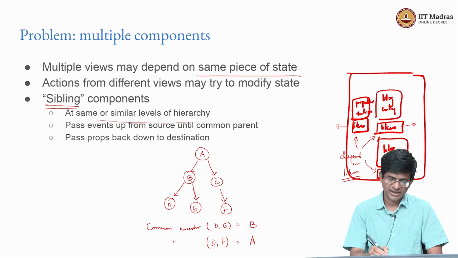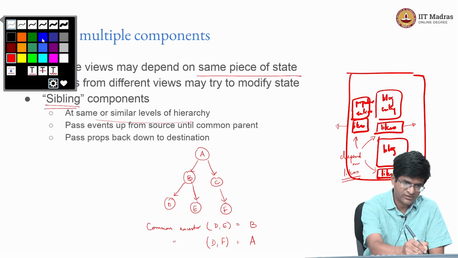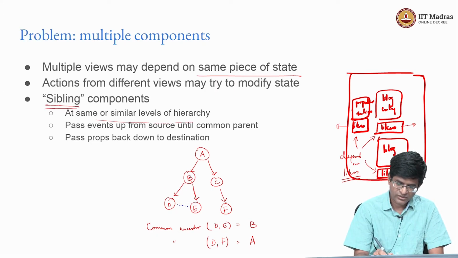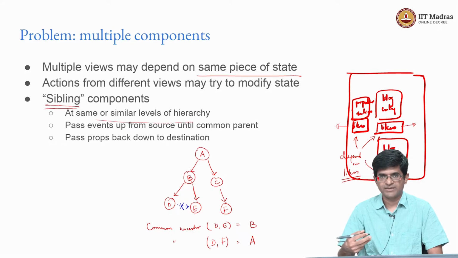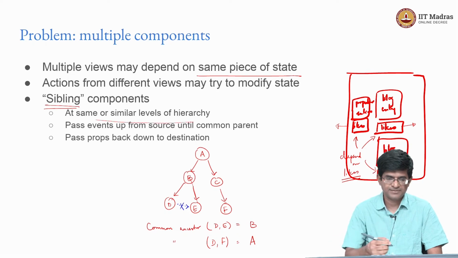The simple reason being that unlike a general graph, I cannot, for example, have E being a child of D as well as being a child of B. That doesn't really make sense, because I don't have such a notion inside an actual page. I cannot have one component being a member of two different components. So the tree structure is natural, especially when we talk about document layouts. It's a natural way of decomposing a document layout into component parts.